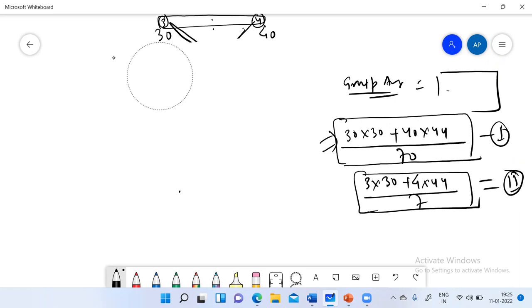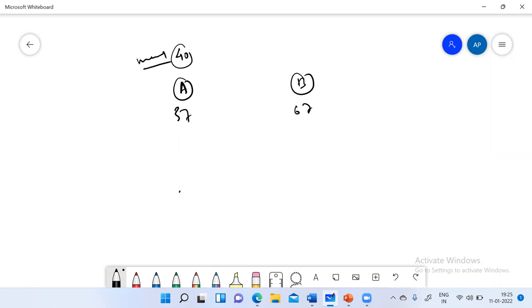So now I'll give you another example. Let's say group A has an average of, let's say I'm keeping a very typical value, 37. And group B has an average of 67. So what if there are 40 members in A and 60 members in B?